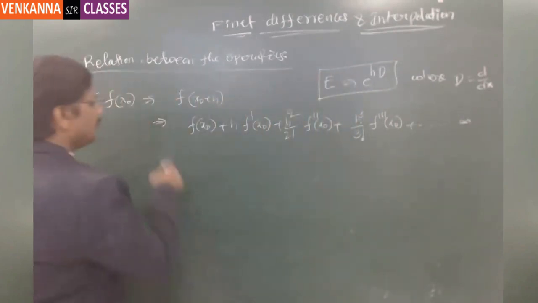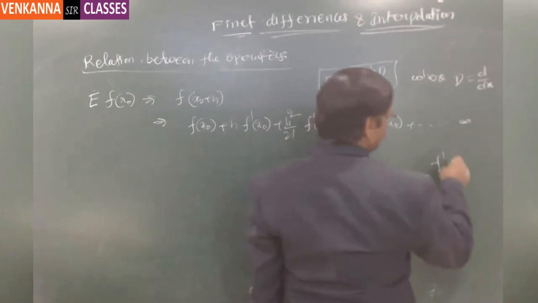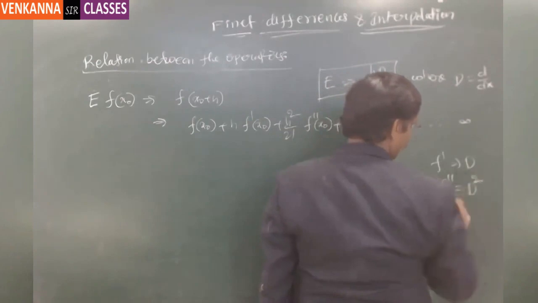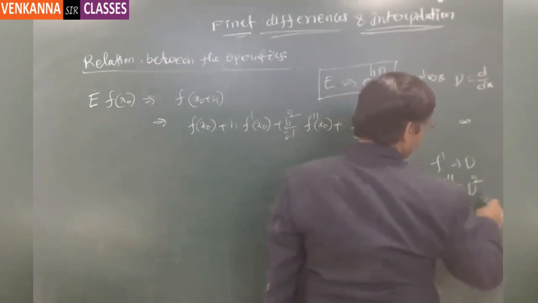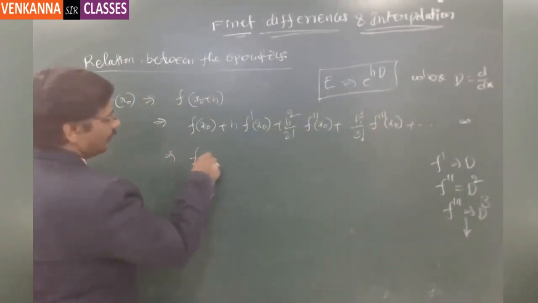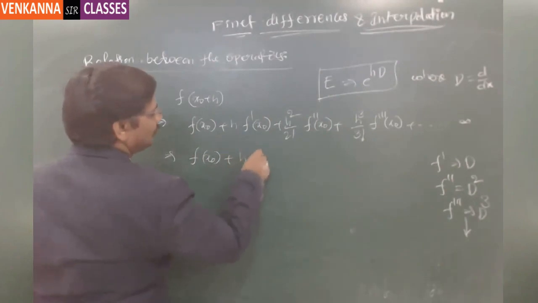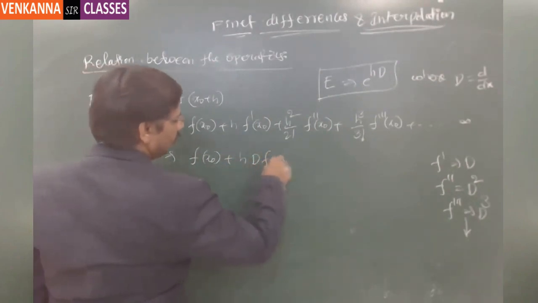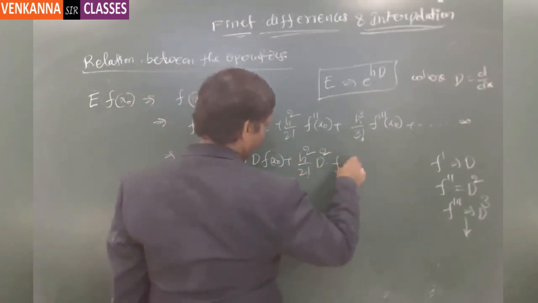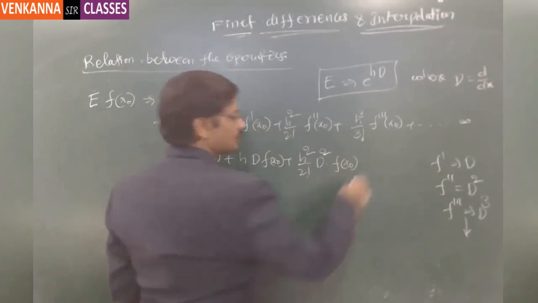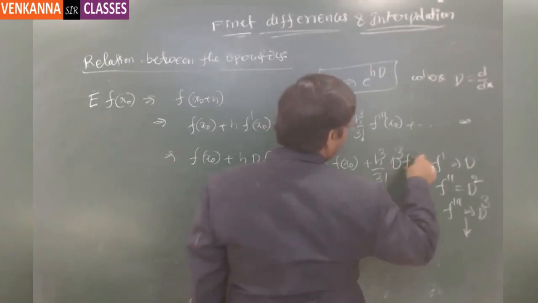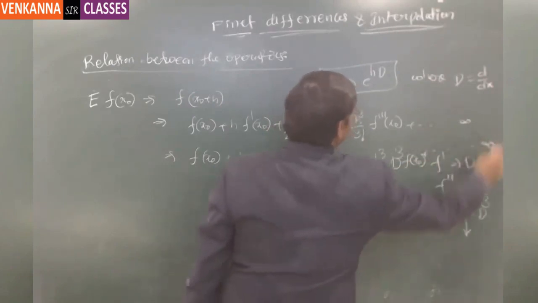Now if I replace f dash by capital D, f double dash by D square and f triple dash by D cube, and so on, introducing this convention, this is going to be f of x naught plus h into D f of x naught plus h square by 2 factorial into D square operated on f of x naught, and h cube by 3 factorial into D cube operated on f of x naught, and so on up to infinity.